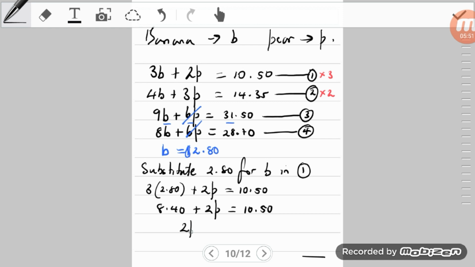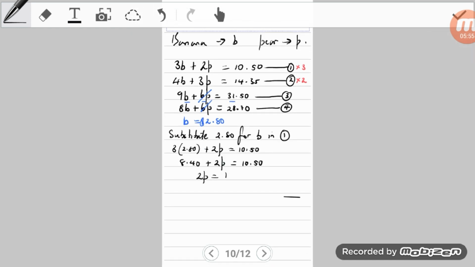We're going to end up with 2p being equal to 10.50 take away 8.40. I believe the answer is going to be 2.10, but let's double check that again. So that's 10.50 take away 8.40, that's $2.10.